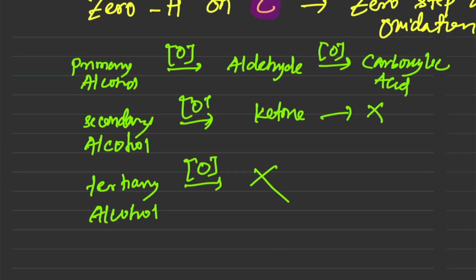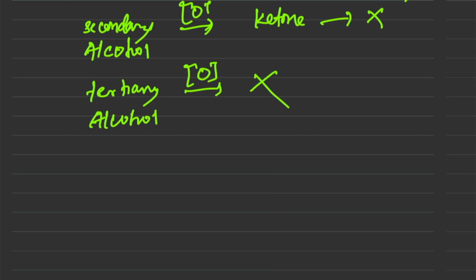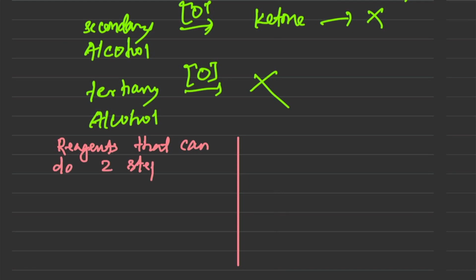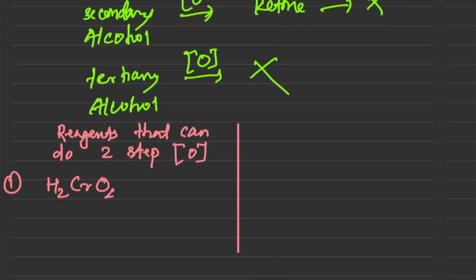Okay, so now a couple of reagents that do two-step oxidation. I'm going to divide it like this. Reagents that can do two-step oxidations. One such example is chromic acid, H2CrO4.